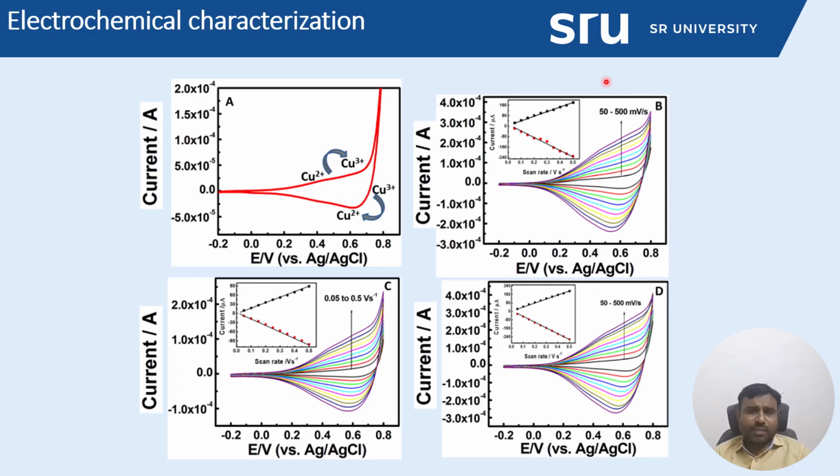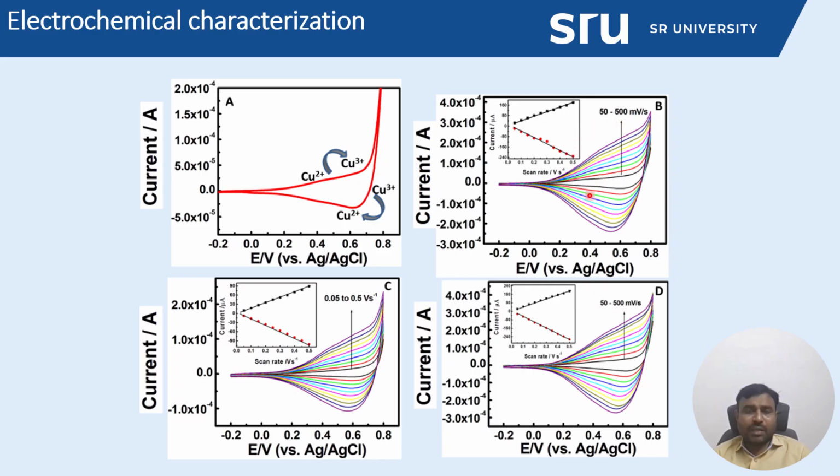especially for the copper sulfide derived from only water, the maximum oxidation peak current we have observed is only 200 microampere. Similarly, for copper derived from ethanol, which appeared as a microflower morphology, we can see around 100 microampere. Whereas for the copper sulfide derived from the water ethanol mixture, we can observe the particle interconnected network-like morphology, and here we can see nearly 280 microampere.